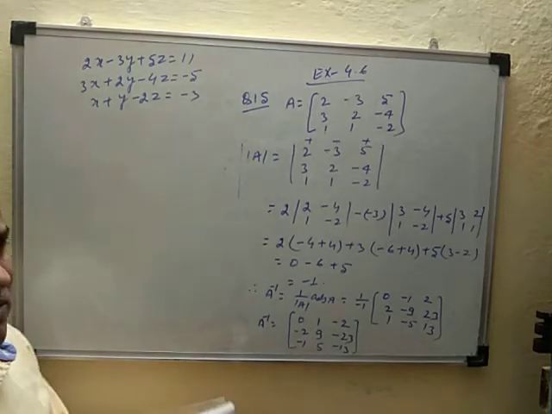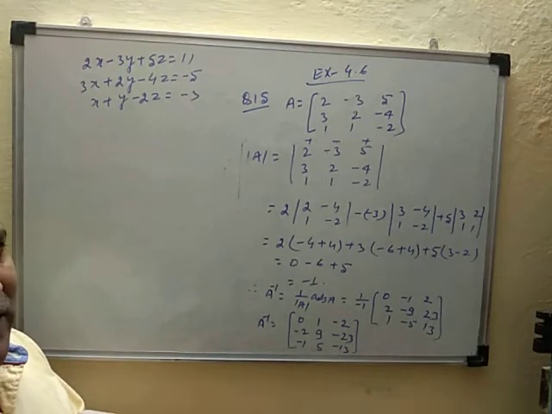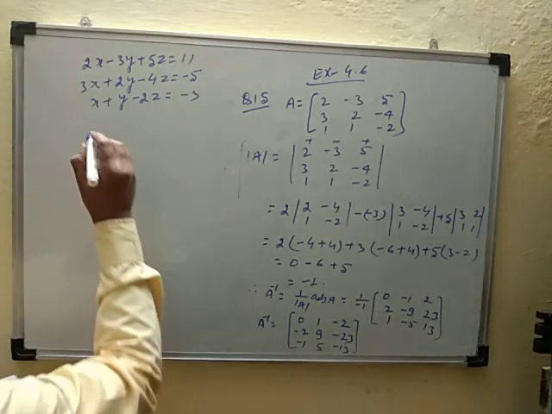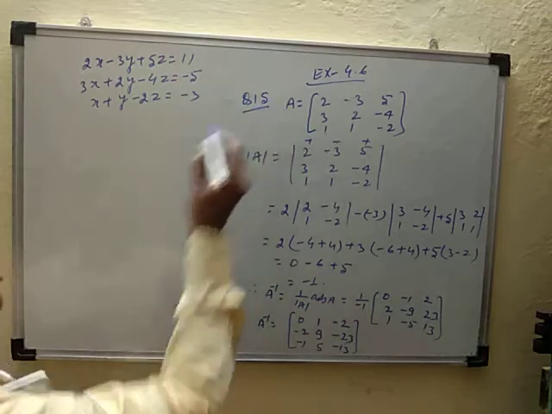Then solve it. This system can be written as Ax is equal to B, but A is already used.